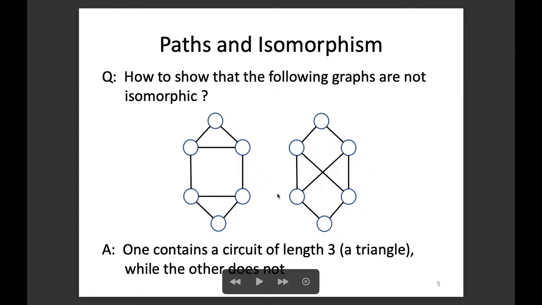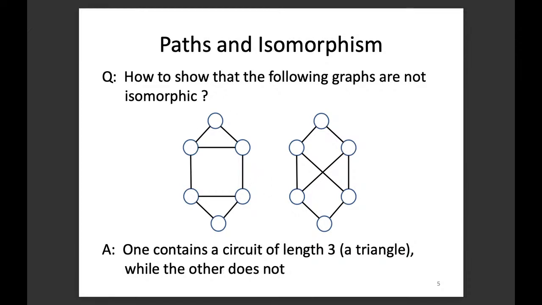So in this case, these two graphs cannot be of the same structure. Because if they were, there must be vertices on the right-hand side corresponding to each of these three vertices, and those three vertices should form a circuit. But we don't see this on the right-hand side. So this cannot be isomorphic to the left-hand side.